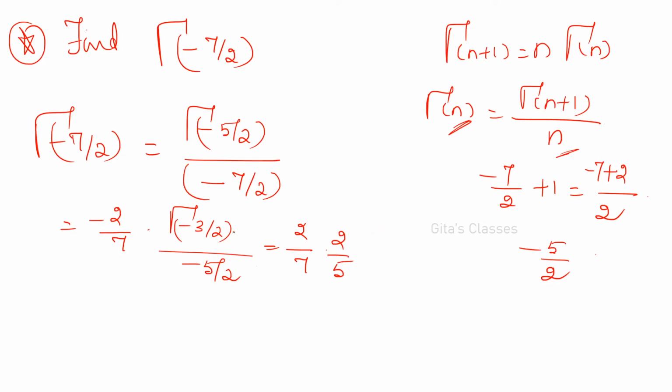So gamma of minus 3 by 2 can be written as gamma of minus 1 by 2 divided by minus 3 by 2, right?